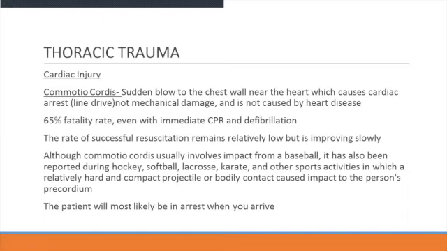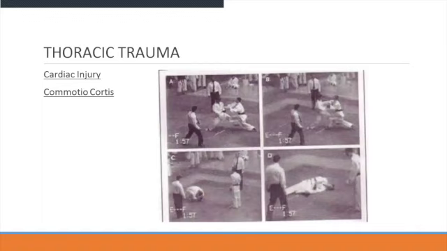The rate of successful resuscitation remains relatively low, but it is improving slowly. Although it usually involves impact with a baseball, it has also been reported during hockey, softball, lacrosse, karate, and other sport activities in which a relatively hard projectile or body contact causes impact to the person's chest. The patient will most likely be arrested when you arrive.